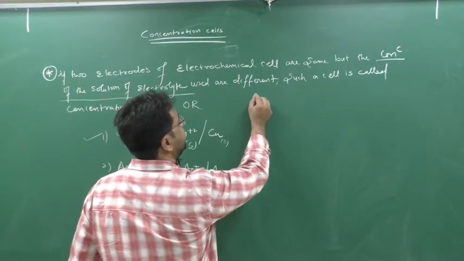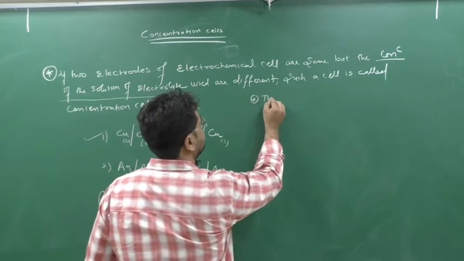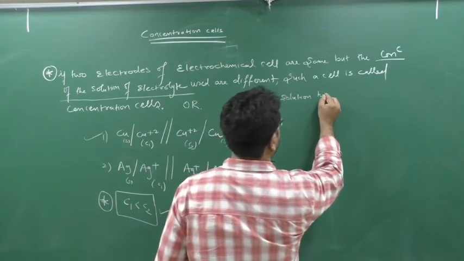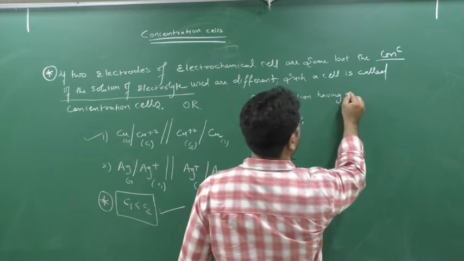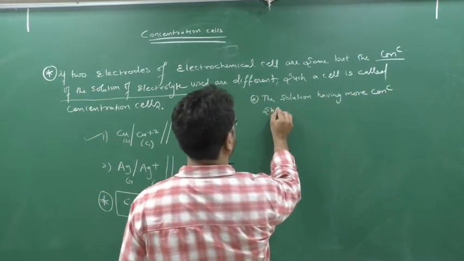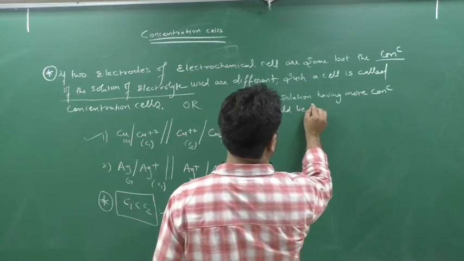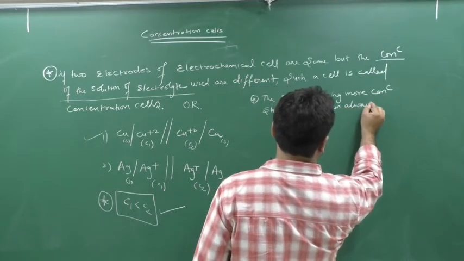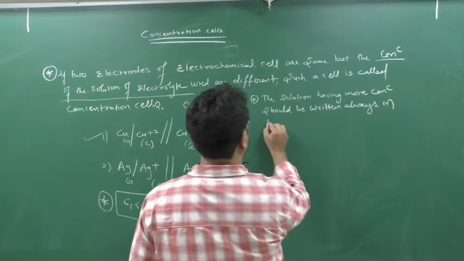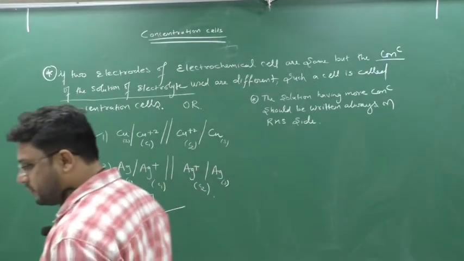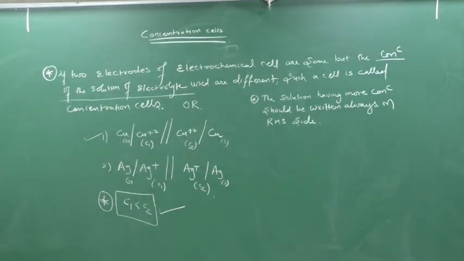So, here one note I would like to write down: the solution having more concentration should always be written on the RHS side. Point number 1.